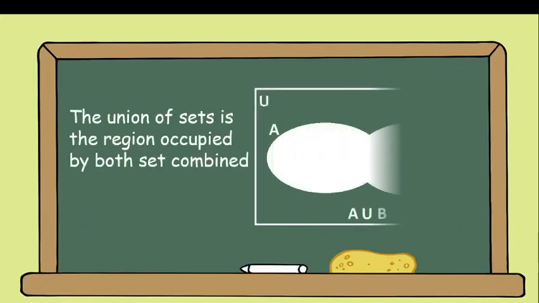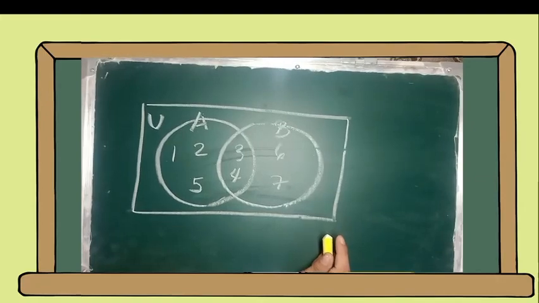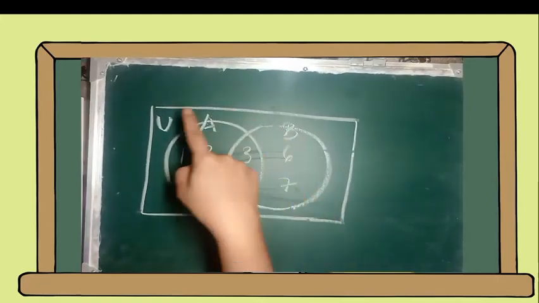The union of sets is the region occupied by both sets combined. How about union? Let's look at this figure.